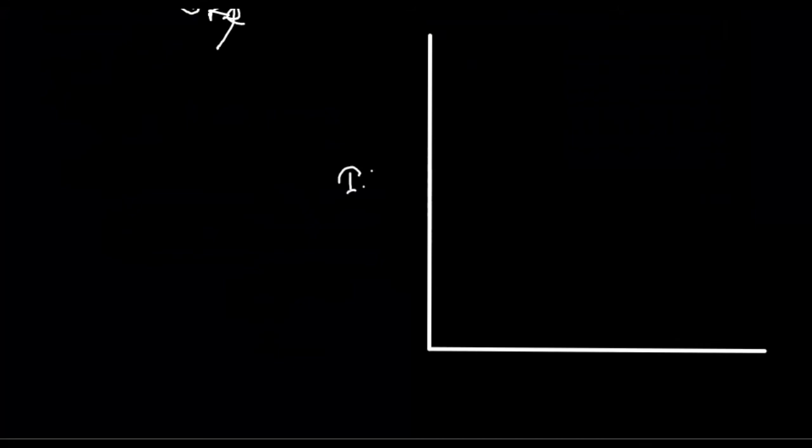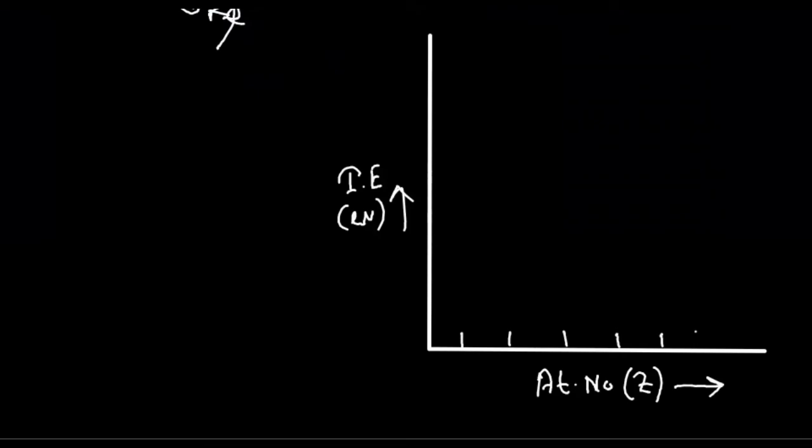Suppose this is IE in electron volt, and this is your atomic number, that is Z. Just mark the atomic numbers here, and the ionization energies as well. Suppose 2, 4, 6, 8, 10, 12, 14, and here it is 10, 20, 30, 40, and so on.